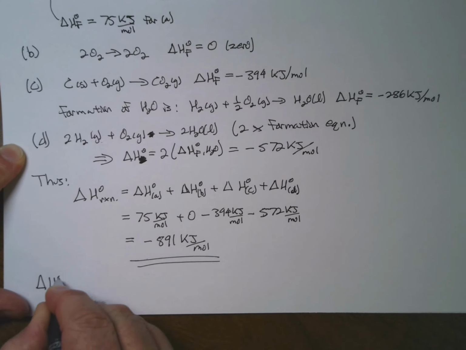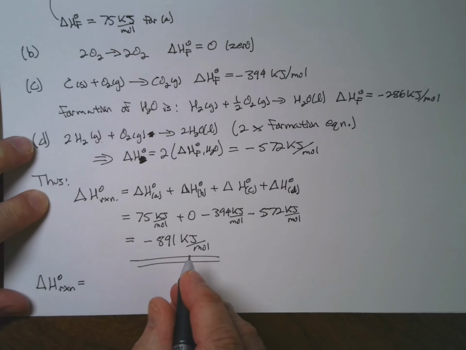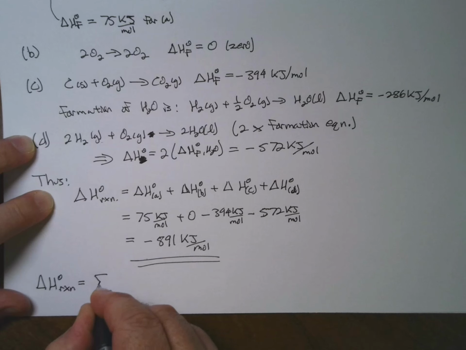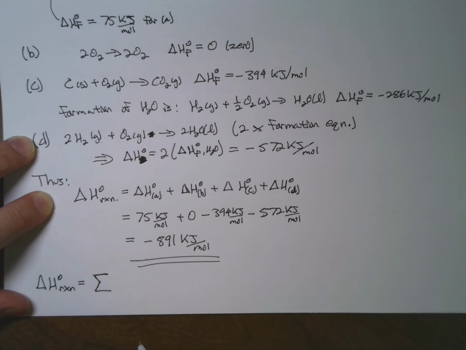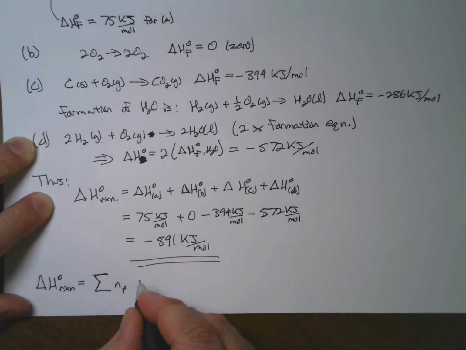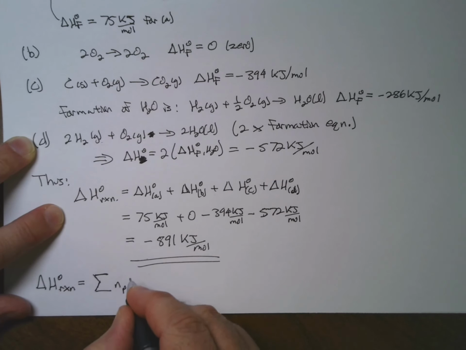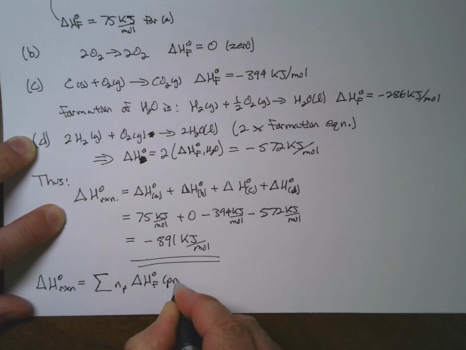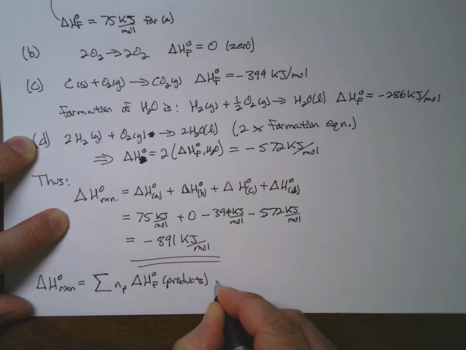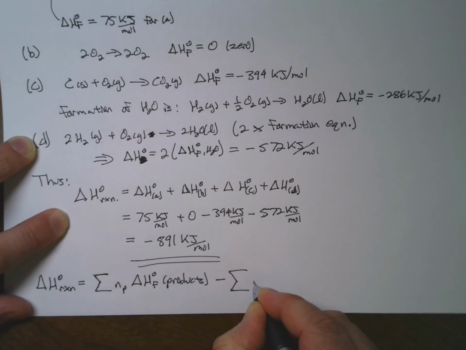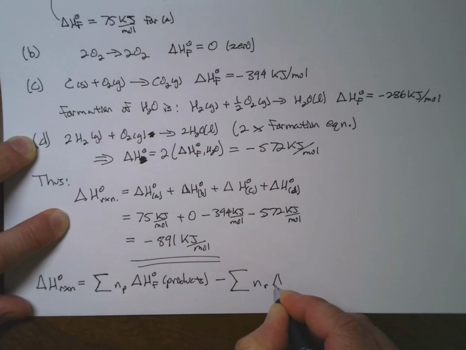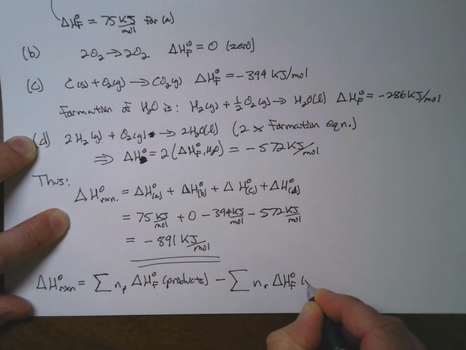Delta H naught for a reaction equals the sum, so I'll use the capital Greek letter sigma, the sum of the number of moles of the different products, the sum of the delta HF naught of the products minus the sum of delta HF naught of the reactants.